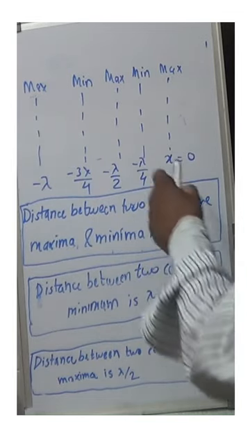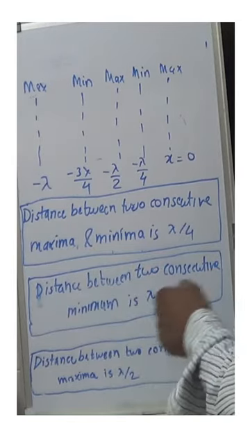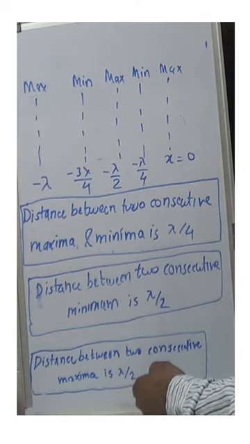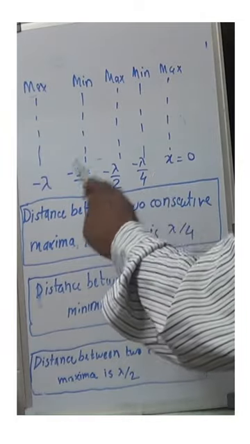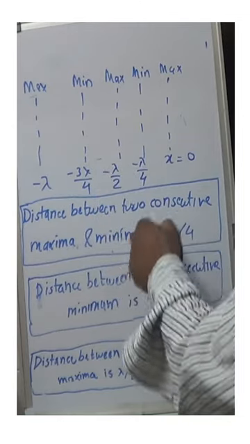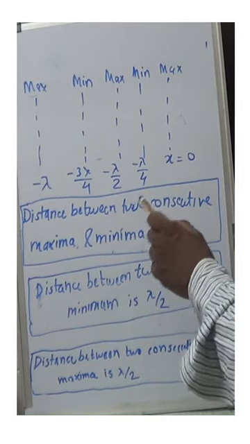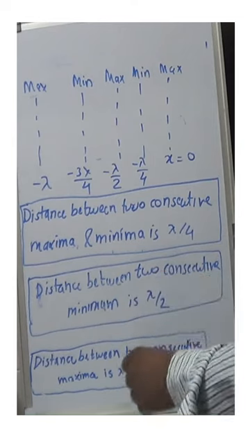Now we have already concluded that the distance between two consecutive minima is lambda by 2. The distance between two consecutive maxima is lambda by 2. Hence, the distance between consecutive maximum and minimum is lambda by 4. So these three statements you have to remember always.